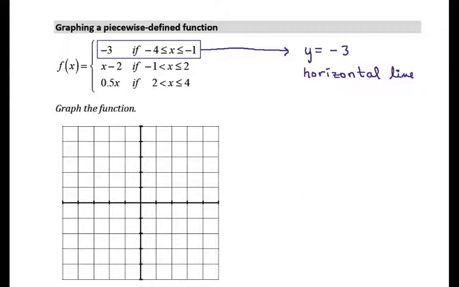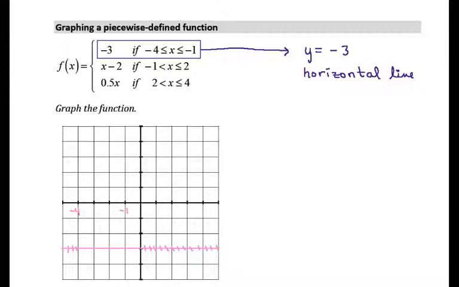So let's get the line established and then start to worry about the pieces that we're keeping. So here's my line, and the numbers that I am interested in are from x equals -4 to x equals -1. So I really just want to keep the part of that line that's between those numbers. So that means I don't want any of this part that's outside of those.